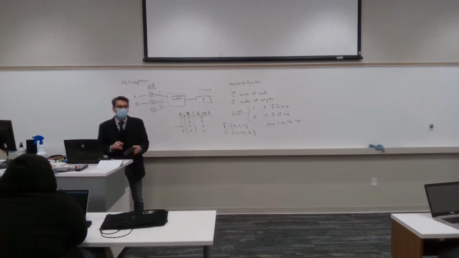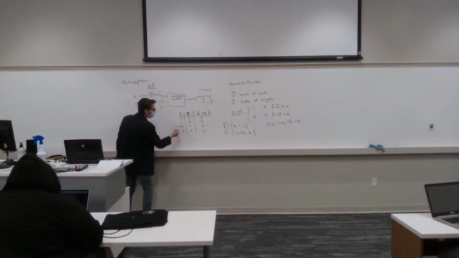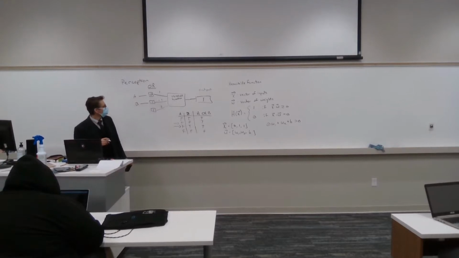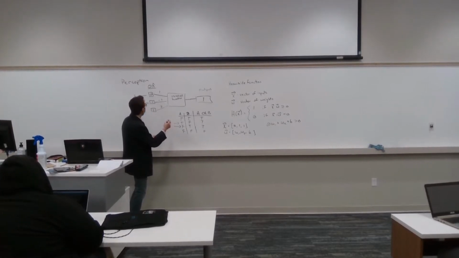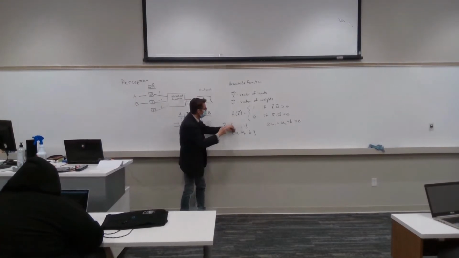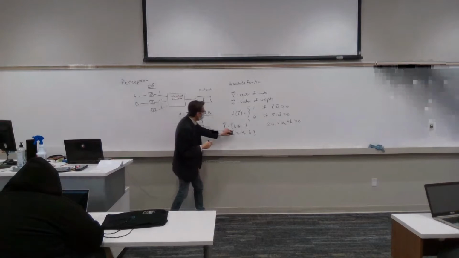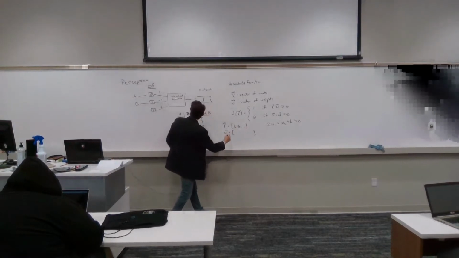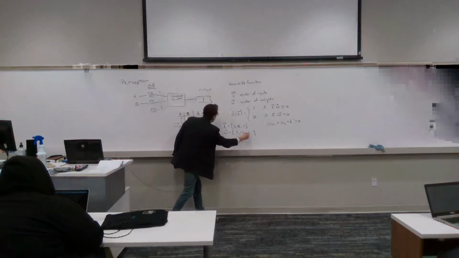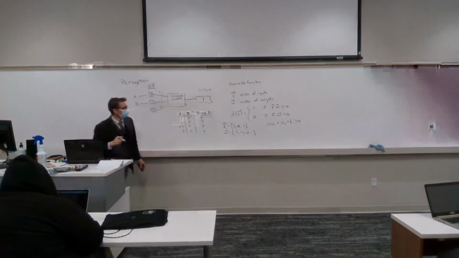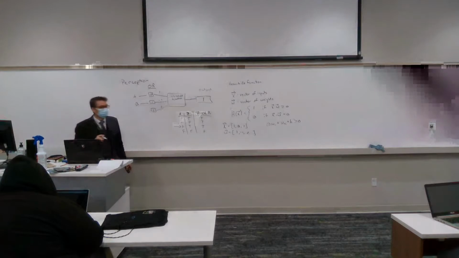Now let's change inputs. Let's put this input in. So now what happens with this input? The vector changes to 1, 0, 1. With those same weights now, what's the dot product?